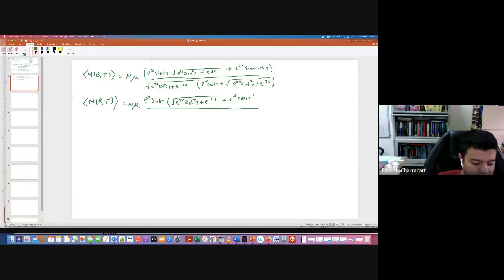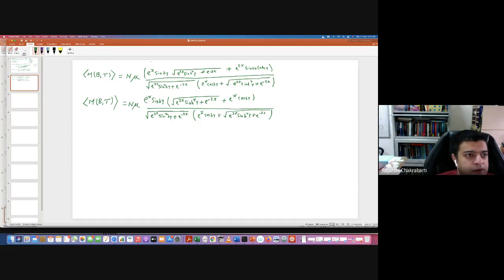In the denominator, what I had is this. Sorry for this handwriting, this is the problem of writing on the blackboard.